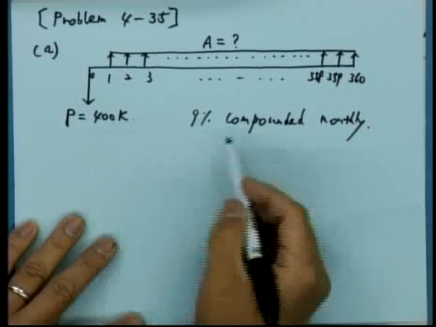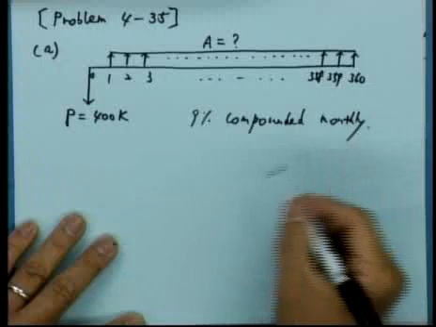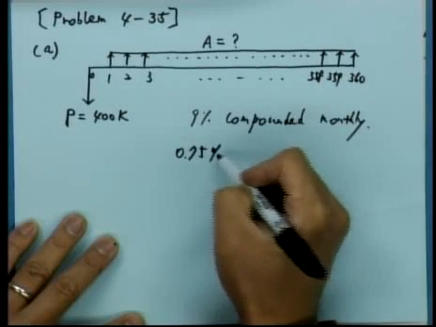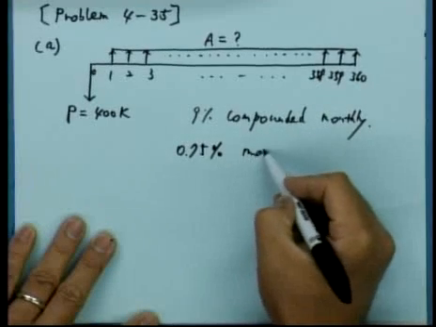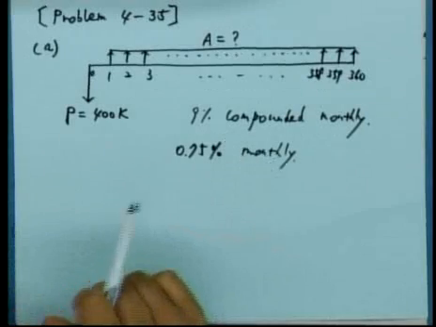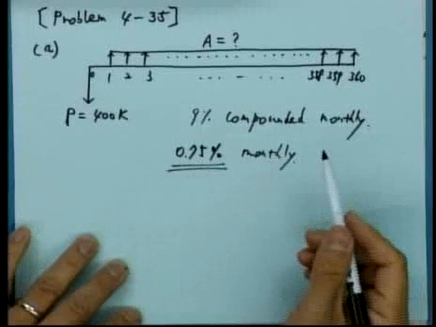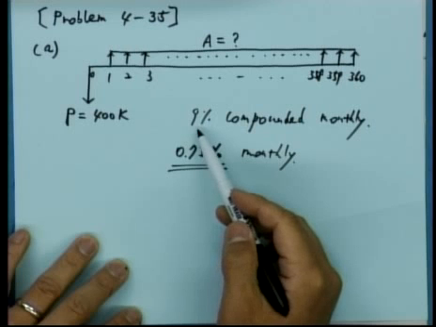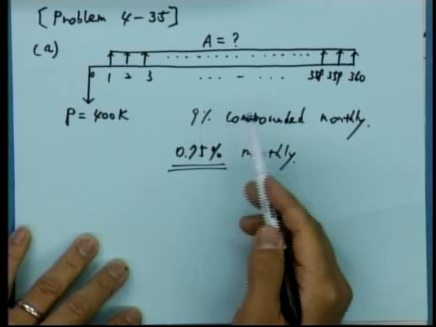This means that the bank charges 0.75% monthly. Okay? So how do you get this value? 9% divided by 12, because there are 12 months in a year, right?